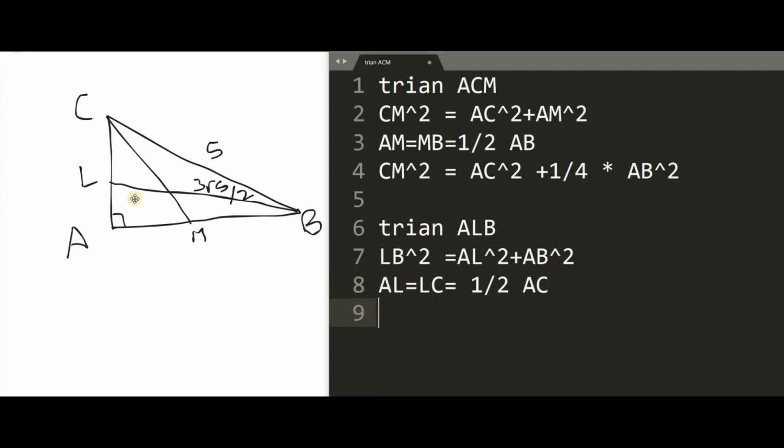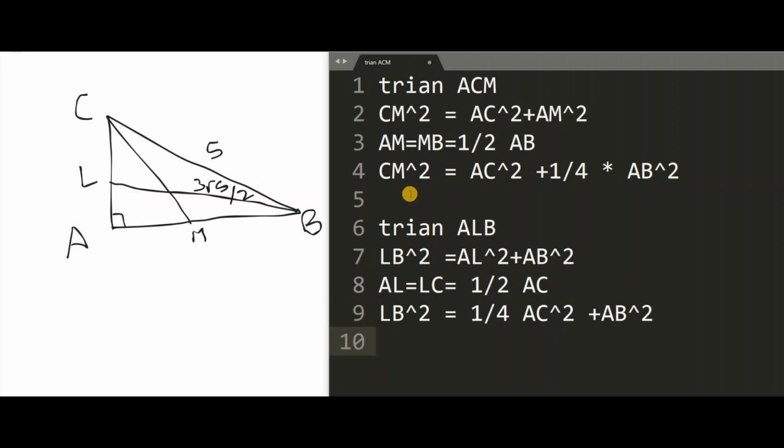So we can substitute the value of AL in terms of AC. So we can rewrite the equation as LB square equals AL square, which means 1 by 2 AC whole square. It will become 1 by 4 into AC square plus AB square.